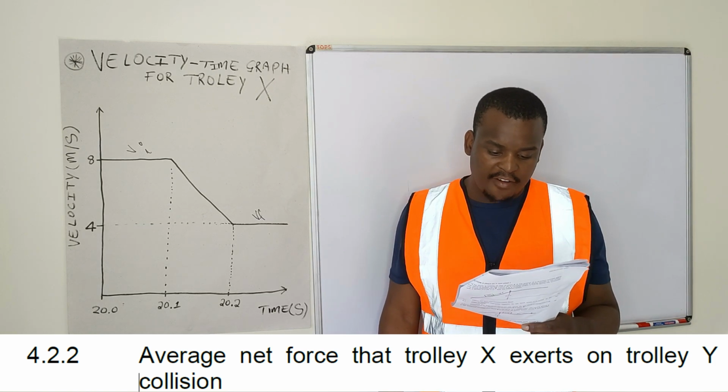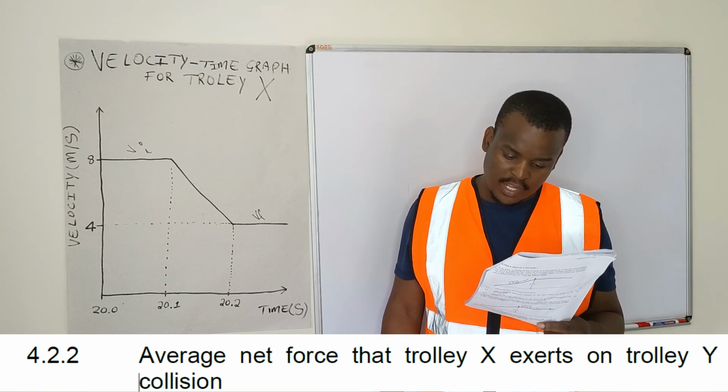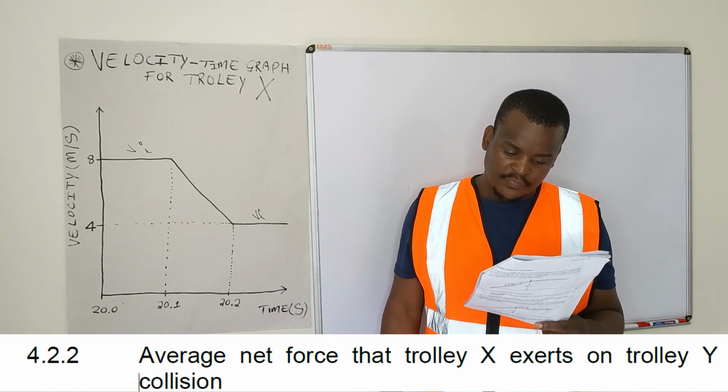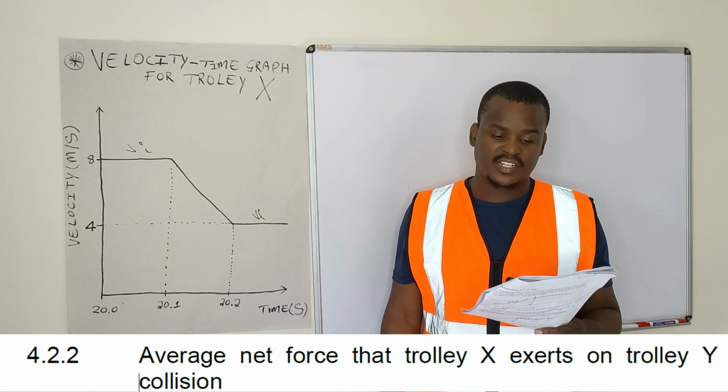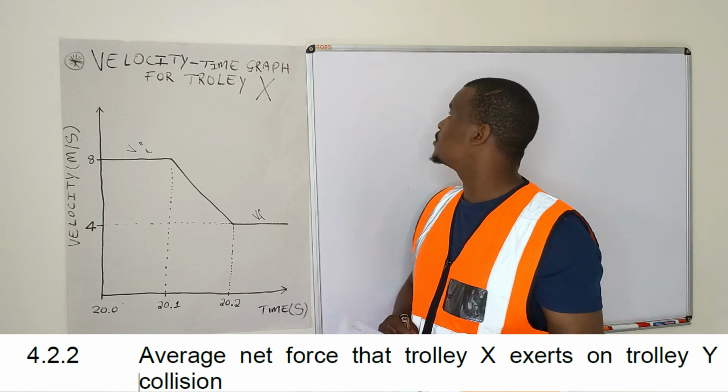Calculate the magnitude of the average net force that trolley X exerts on trolley Y during the collision. So they want us to calculate the average net force that trolley X exerts on trolley Y during the collision.